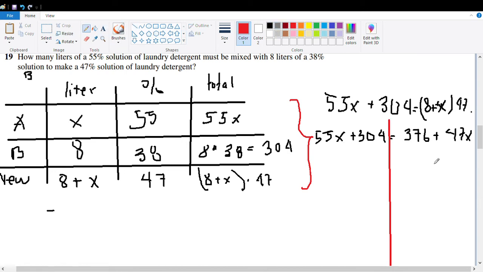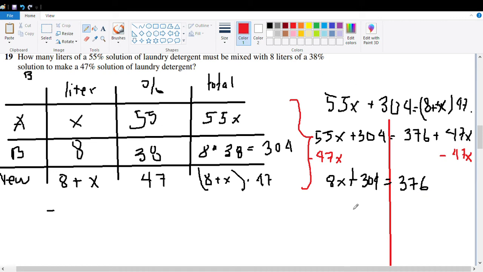We eliminate the smaller variable by subtracting 47x on both sides, and you're going to get 8x plus 304 is equal to 376.